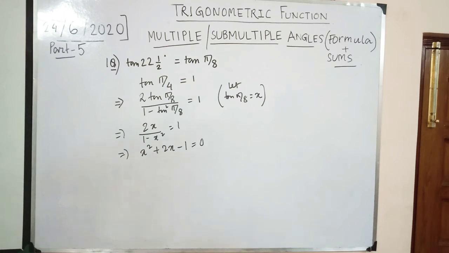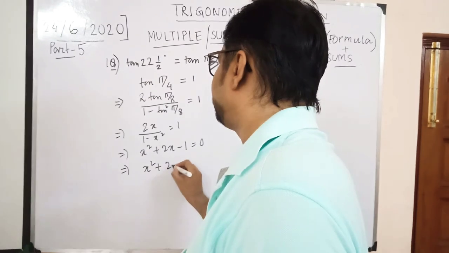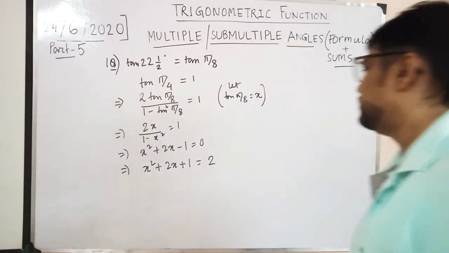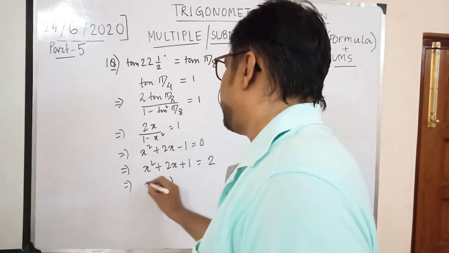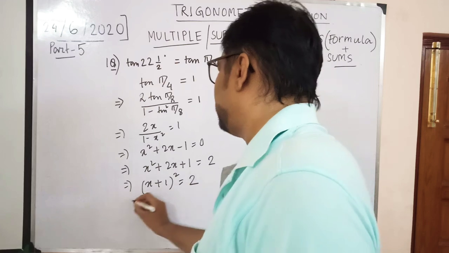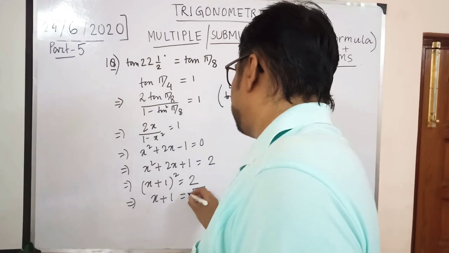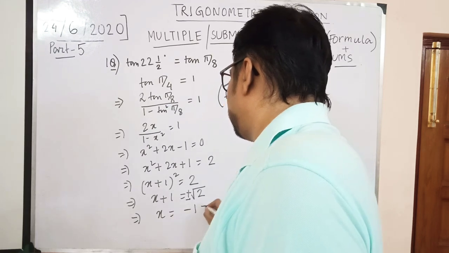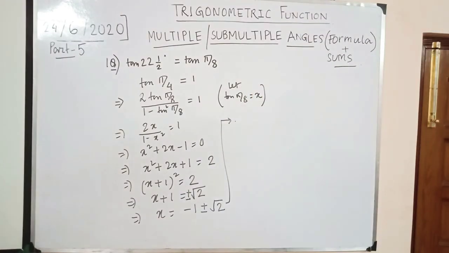So x equals, I got, minus 1 plus minus root 2.